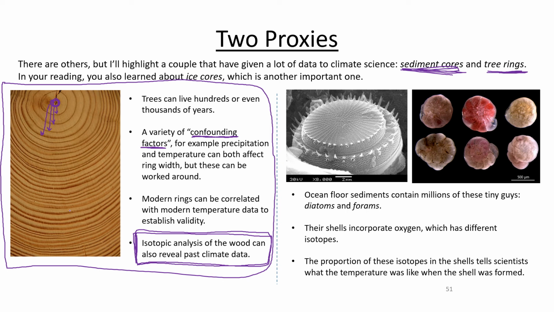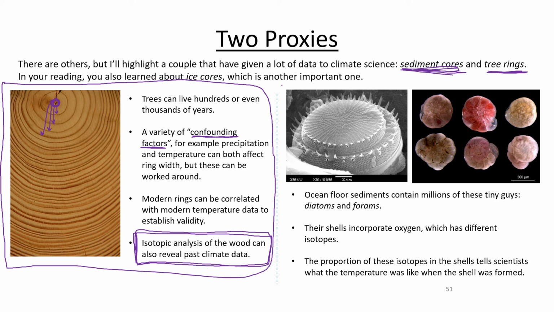Now, the other one that I'll touch on before we wind up this video is the sediment cores. Sediment cores are a similar idea. If you go to the ocean floor, typically, or some aquatic environment, and you take a core there, you drill down, you have layers and layers of sediment, and you can correlate that with age.